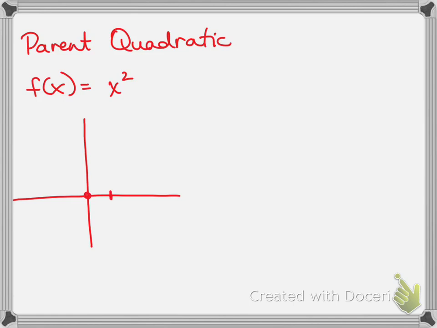If x is 1, y is 1. If x is 2, y is 4. Just plugging in, making a little table. If x is negative 1, y is 1. If x is negative 2, y is 4. And that's because quadratics have symmetry. And the parent has symmetry with the y-axis.